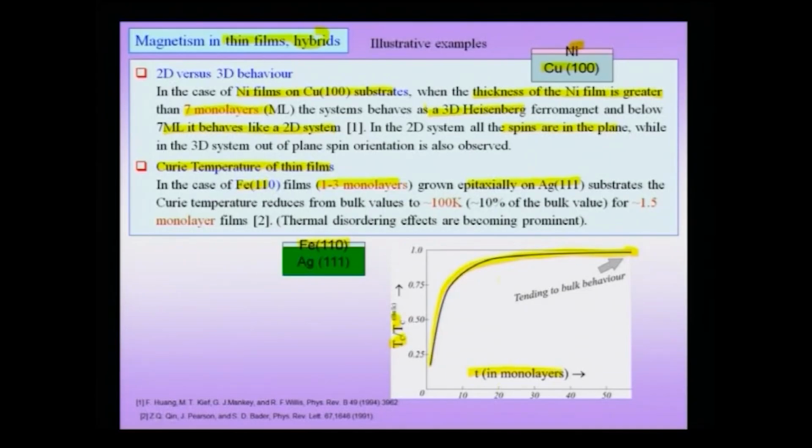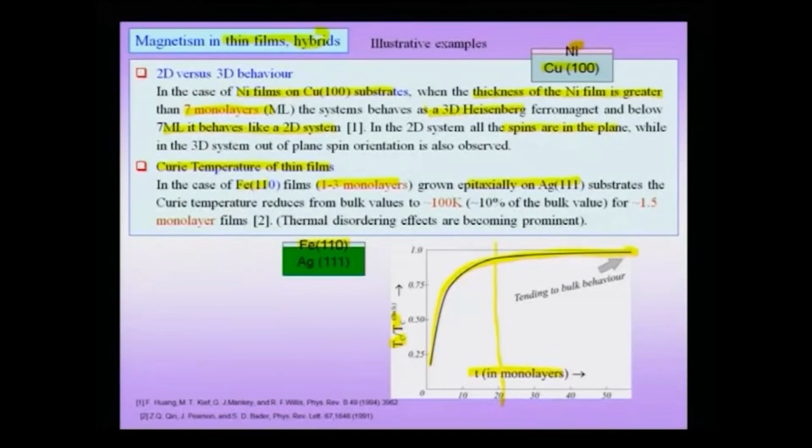In other words, in these very thin films, less than about 20 monolayers, you can see that the exchange coupling is not able to fight against the thermal disordering effectively, because there are not enough atoms in this layer, which implies that the Curie temperature is going to be reduced.